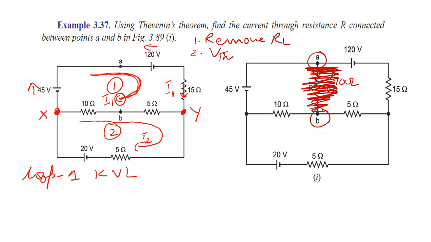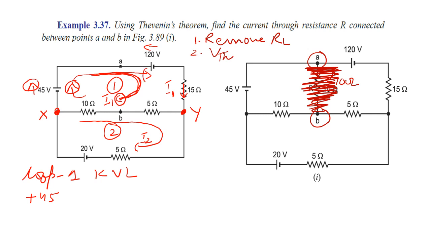Now in loop number 1 we start from here. The direction of the loop and the direction of the voltage are the same, so we take the plus sign, so this is plus 45. Now the loop comes near this 120 volt source.